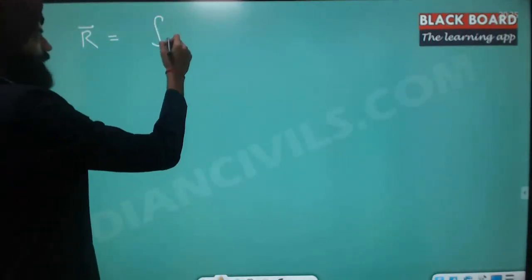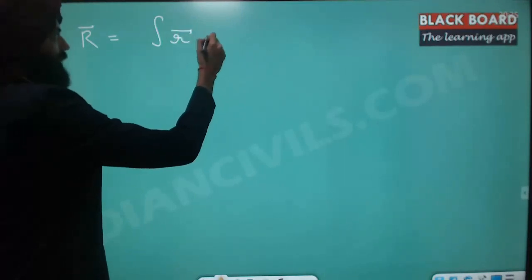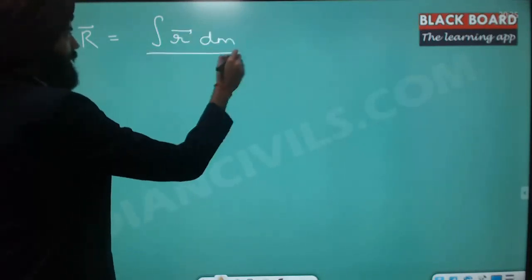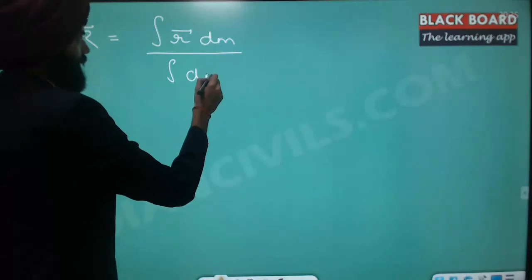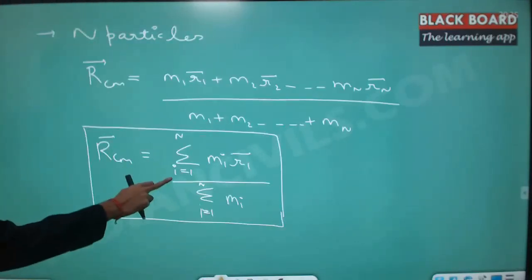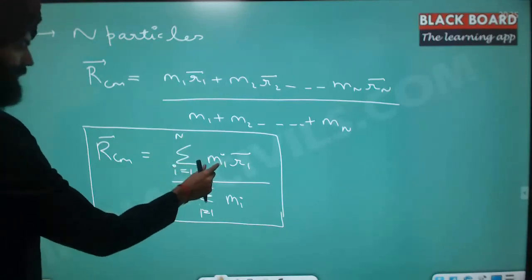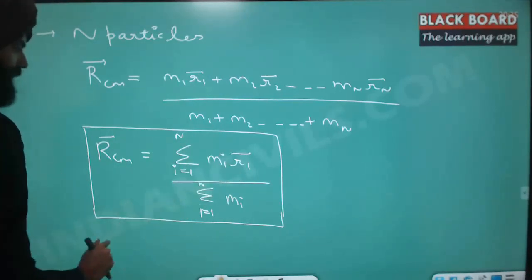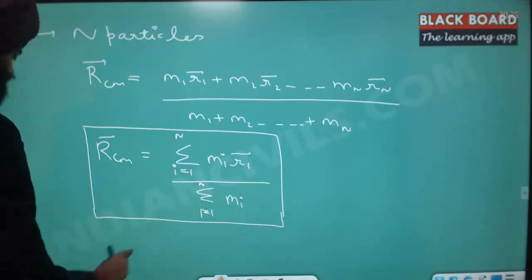So that will be integral of r dm upon integral of dm. Okay, you can see this expression is very similar to this expression. Here it was summation of mass of first particle times the coordinate of that particle divided by the total mass.